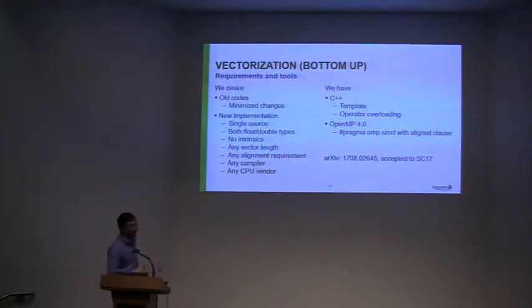For the newly added implementation, we have these requirements: vector single source, both precision types, no more intrinsics, hope to have any vector length, any alignment requirements, any compilers, and any CPU vendors. Actually, we made it.